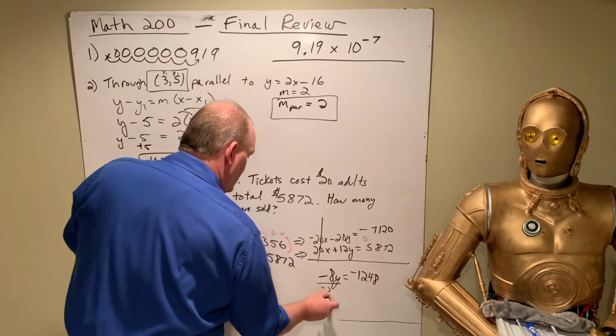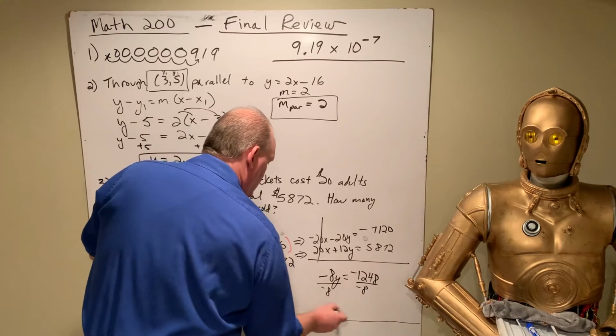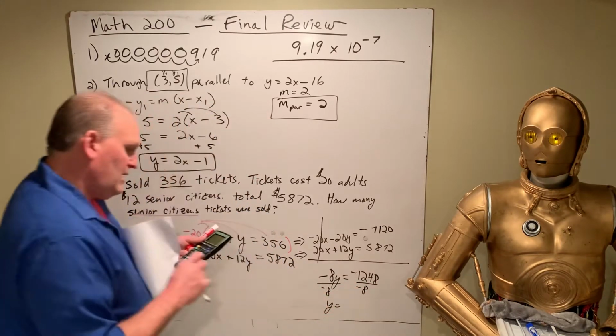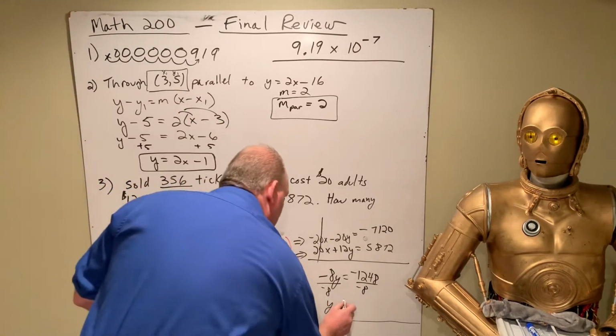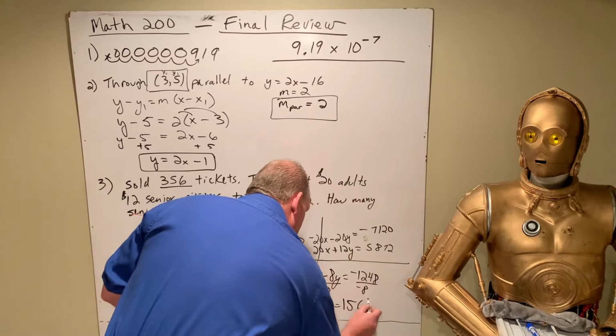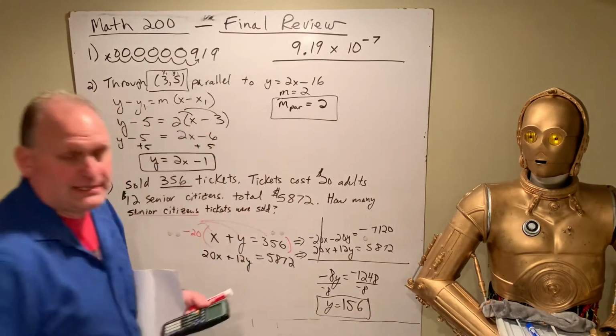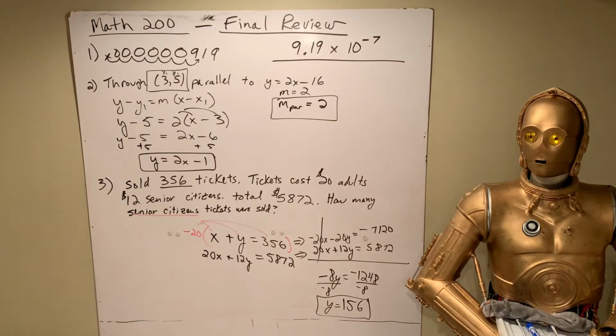And then we divide by negative 8. And so that divided by negative 8 is 156 senior citizen tickets. So 156.